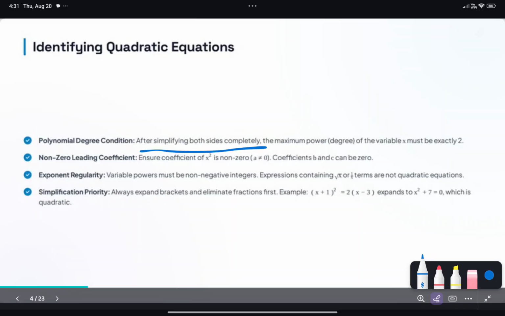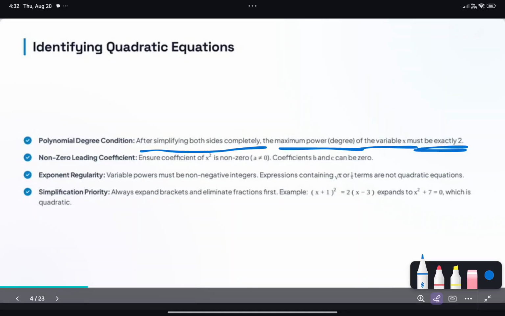The maximum power of the variable x must be exactly 2. Clear?